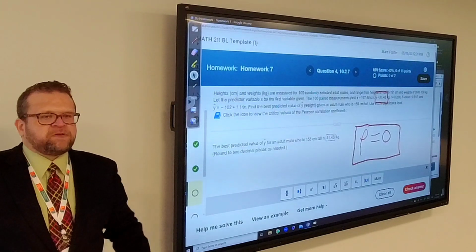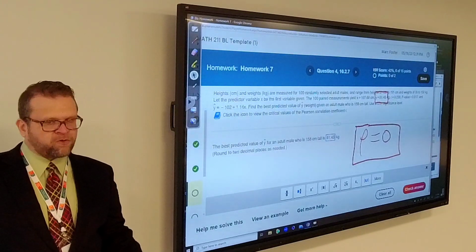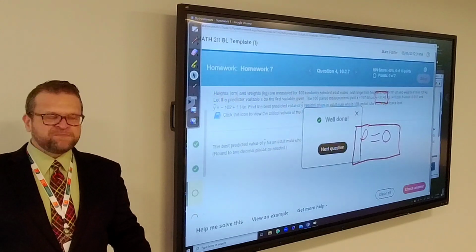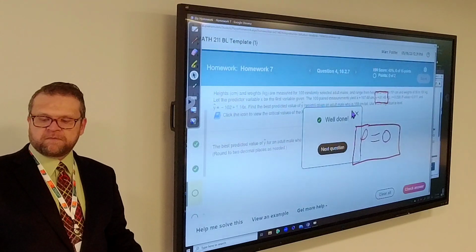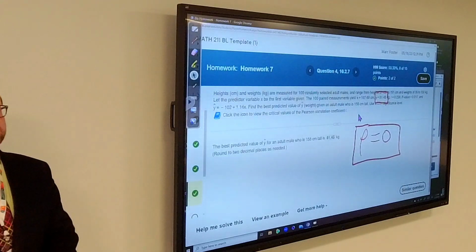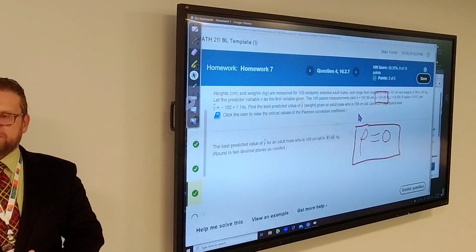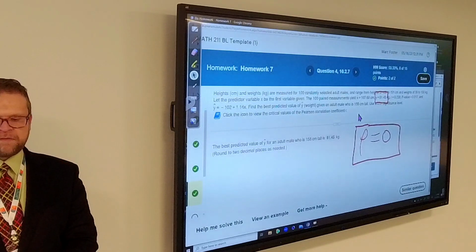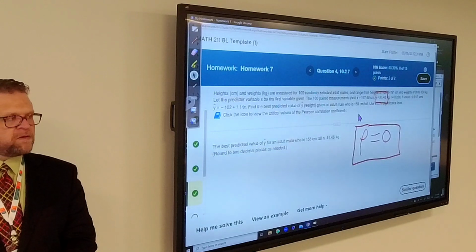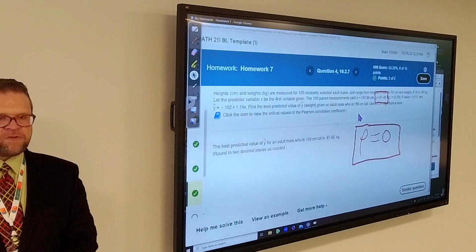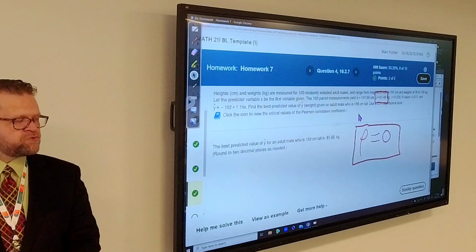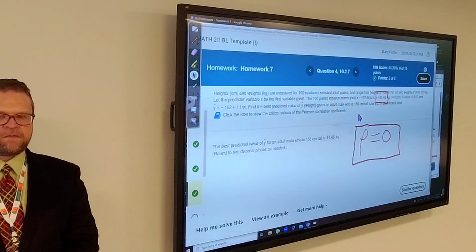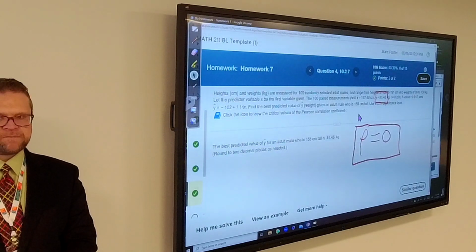I would have made that prediction no matter how tall they were, according to this p-value. So in this problem, I couldn't use my best fit line. I have one, but the correlation is not strong enough for me to be using it. Get it?